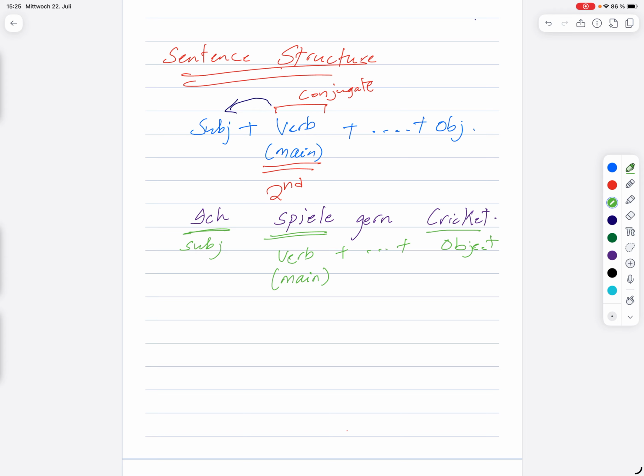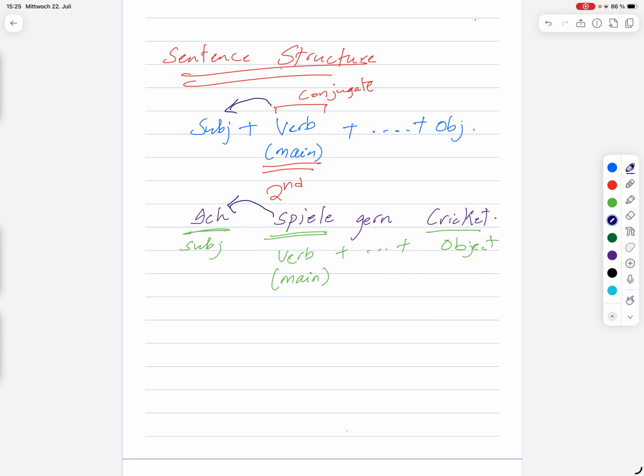So the sentence is Ich spiele gern Cricket. I like to play cricket, right? We have the verb spielen, which is conjugated according to the subject, and then we have the object, and this is the structure, right? And then you also have modal verbs, right?